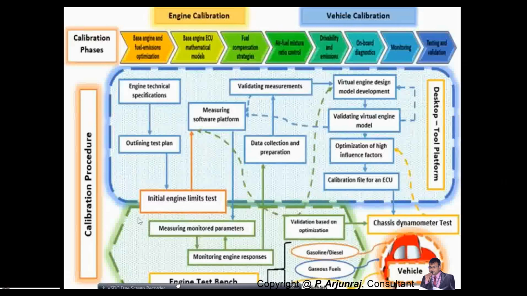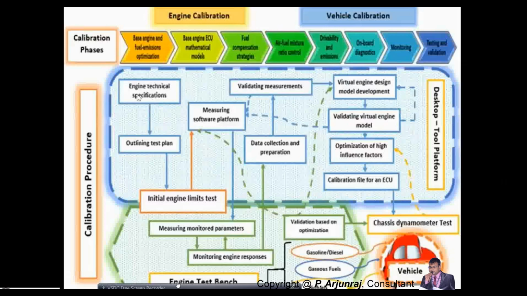When you're going for the calibration procedure, the first important thing is the specification. I forgot to tell this important thing: the specification, which is nothing but the target. You need to shortlist or finalize that specification. Based on that, you can plan for a test, and you can find out the test considering the validation plan.